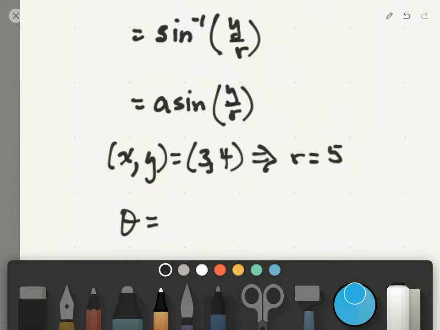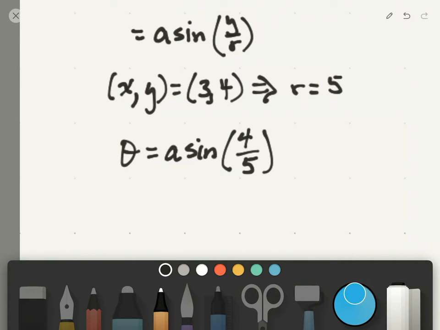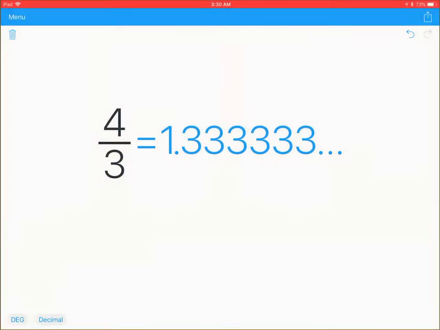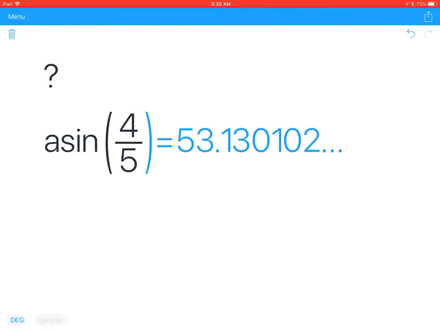So if I wanted to find the angle, let's just say asin of 4 over 5, then I can find it by doing the following. So let me see, I think I can do it this way, asin 4 over 5. Yep. So you see asin 4 over 5.